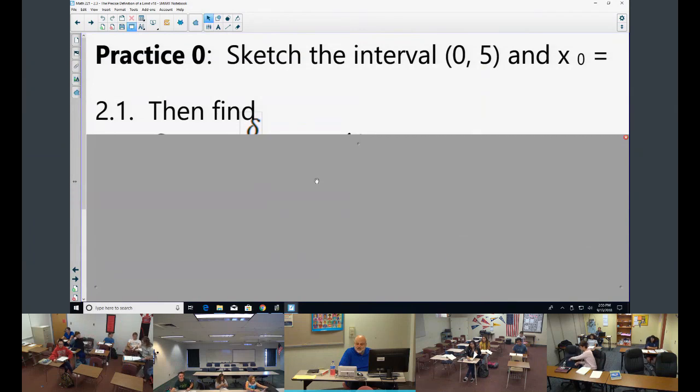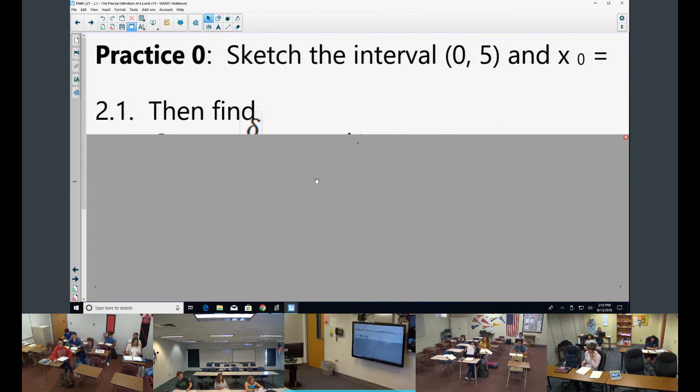Okay, so I had asked you to do this problem, I think. So it says sketch the interval from 0 to 5. X sub 0 is 2.1. And find delta. All right, so let's see what you remember from yesterday.